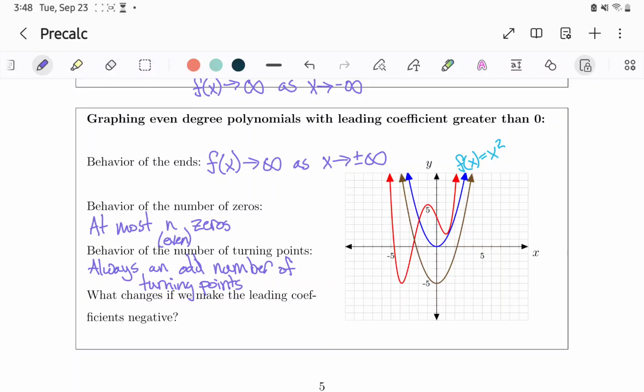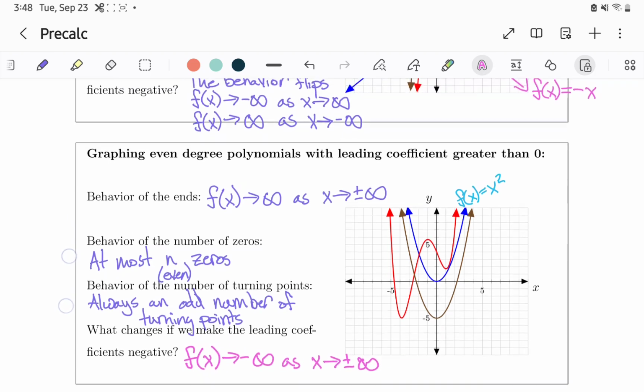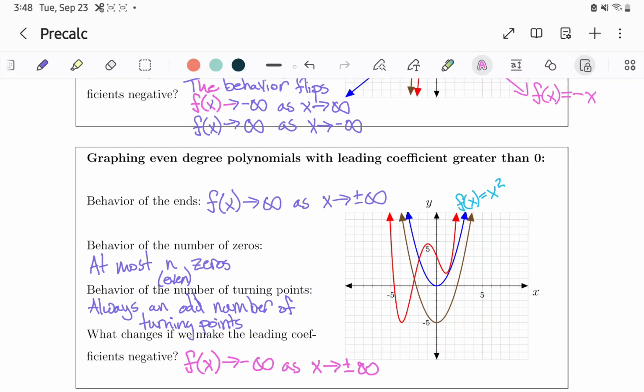And once again, we're asked what changes if we make the leading coefficient negative. Well, again, the end behavior is going to flip. So we are going to have f of x go to minus infinity as x goes to plus or minus infinity.